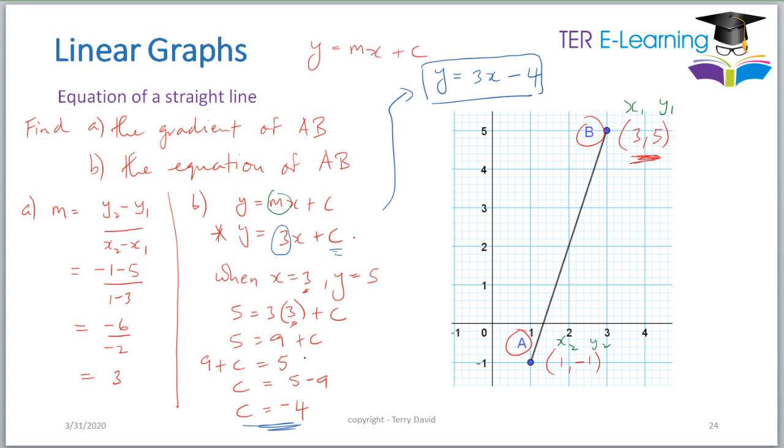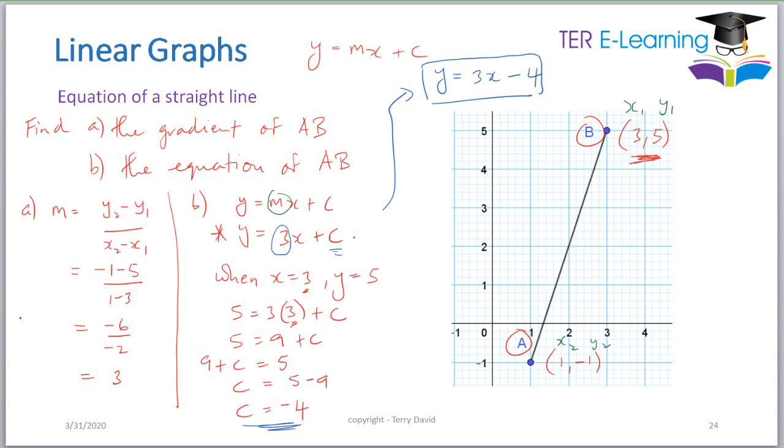So we covered a good bit of work here. We looked at how we plot points on a graph. We looked at how to draw a graph of a straight line. We spent a lot of time looking at what the equation of a line is.